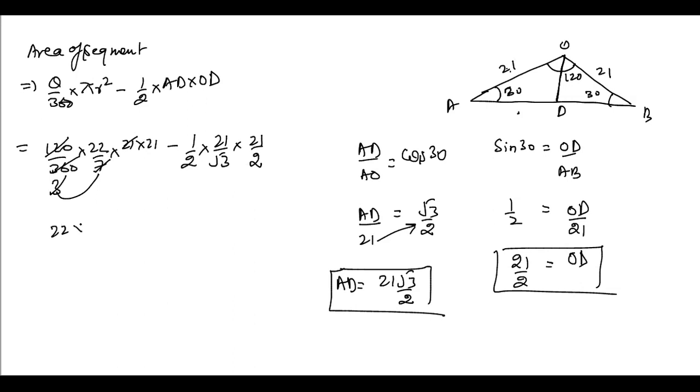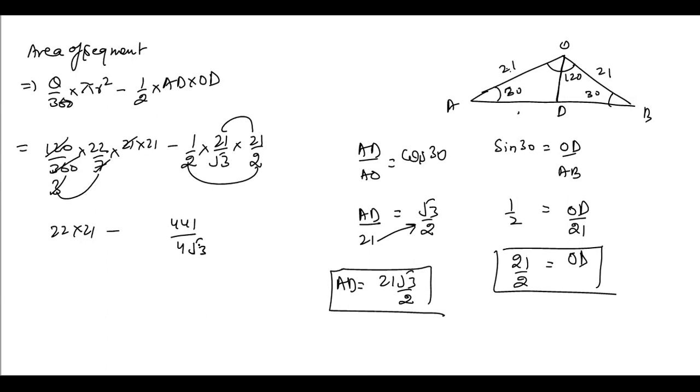You will get here 22 into 21 minus half into 441 divided by 2 into 2, 4 root 3. So this minus sign will also get subtracted. So we'll get here 441 upon root 3.